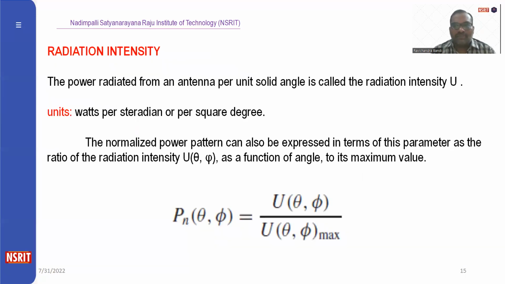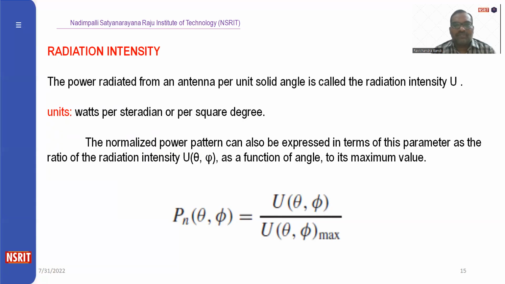So far we have discussed radiation pattern. Now we will discuss radiation intensity. The power radiated from an antenna per unit solid angle is called radiation intensity. The unit for radiation intensity is watts per steradian or square degree.